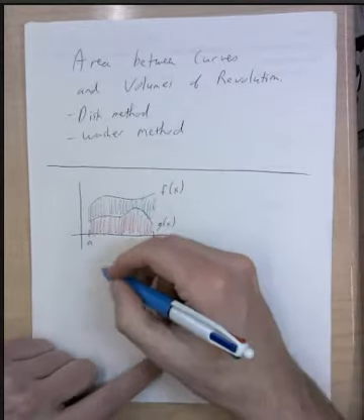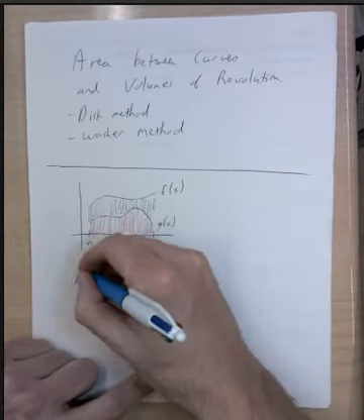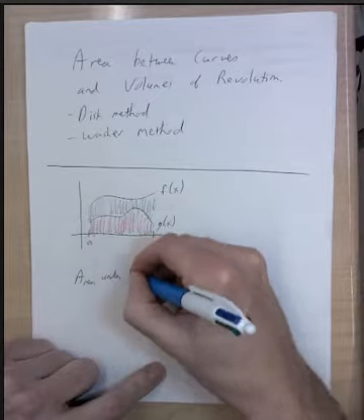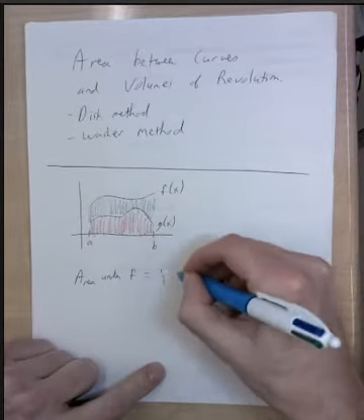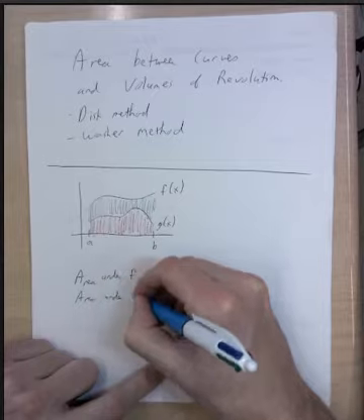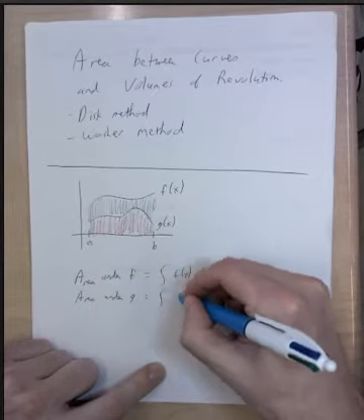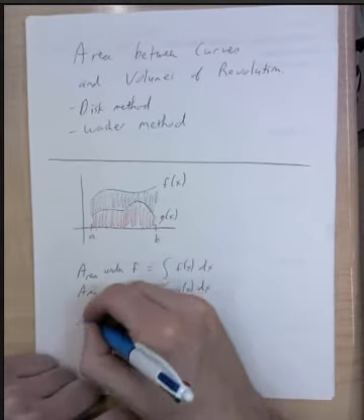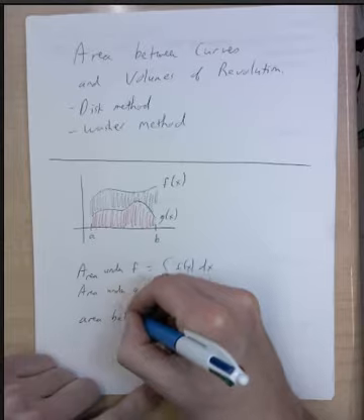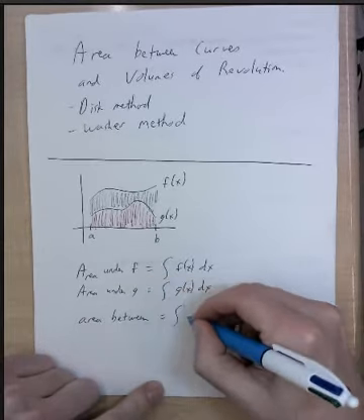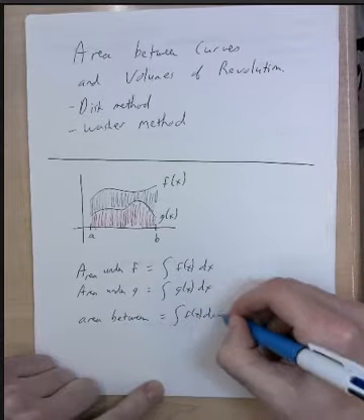So we know from our integrals already that the area under F is the integral of f of x dx, and the area under G is the integral of g of x dx. So if we want to find the area between them, the area between is the integral of f of x minus the integral of g of x.